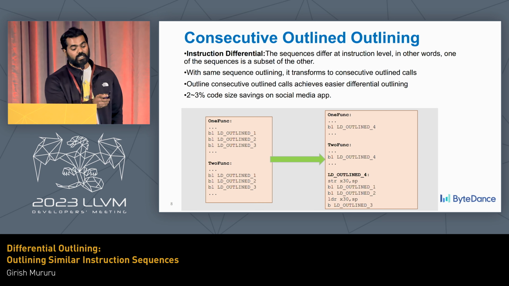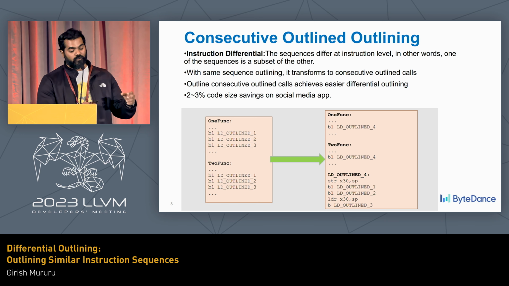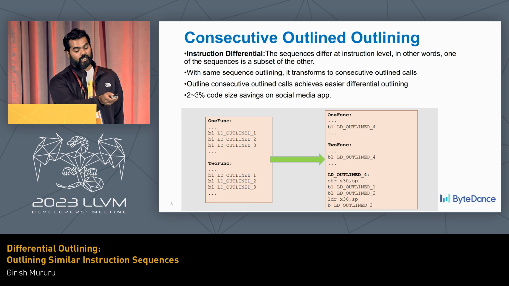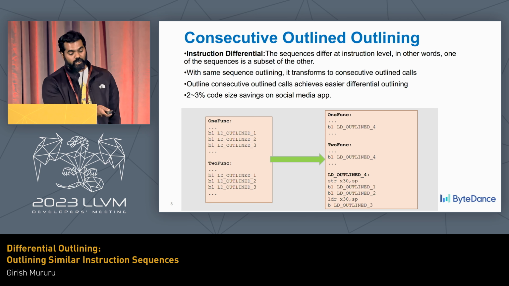So all we have to do is take these outline calls and run another outlining pass on top of it, so that we outline these functions. So we take these two consecutive outline sequences and outline them into a different function, and then call that outline function. This gives us around 2 to 3% code size savings on our social media app.